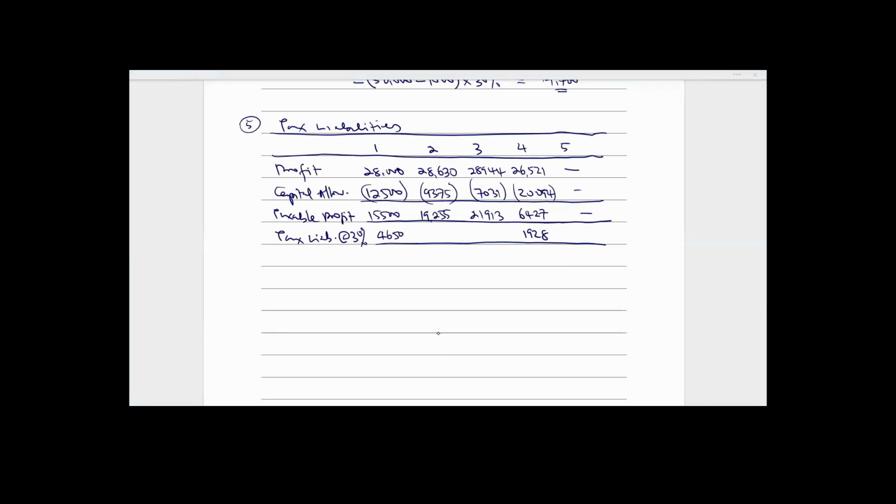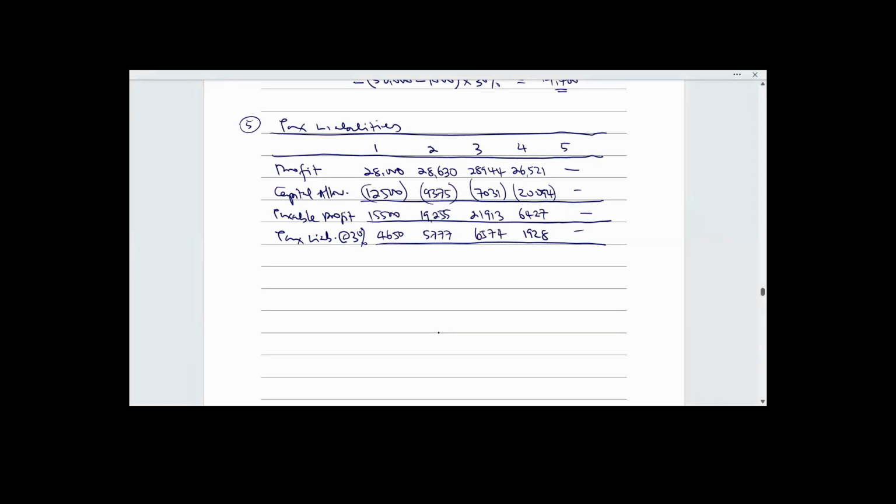Next, 19,255 multiplied by 0.3 equals 5,777. Next, 21,913 multiplied by 0.3 equals 6,574.